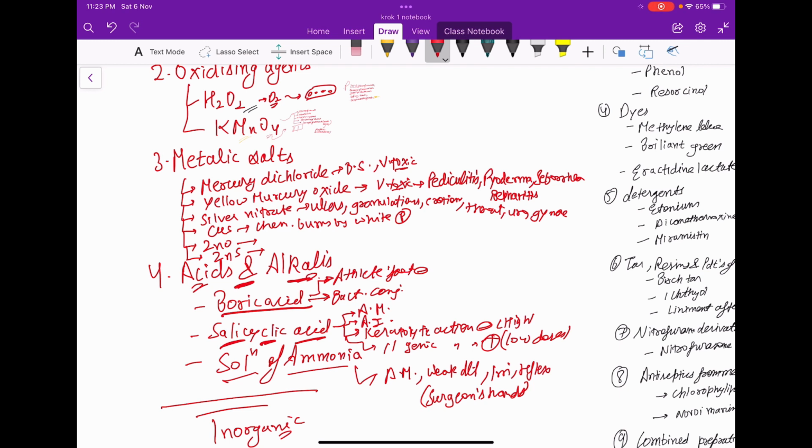Both of them are used in eye infections, burns, wounds and skin diseases, and they are applied in ointments. So again, antimicrobial, astringent and for topical disease specifically.